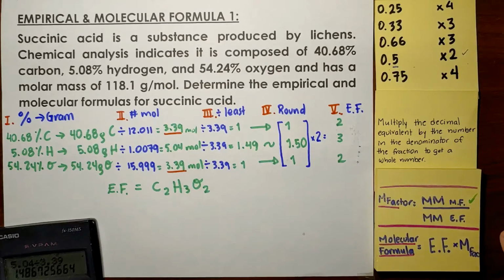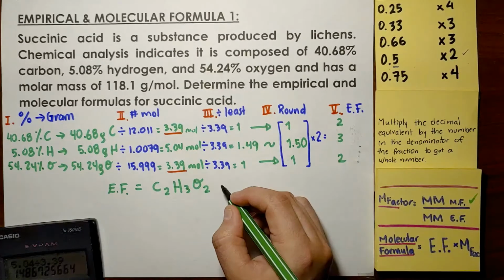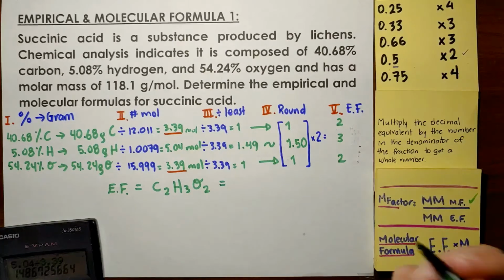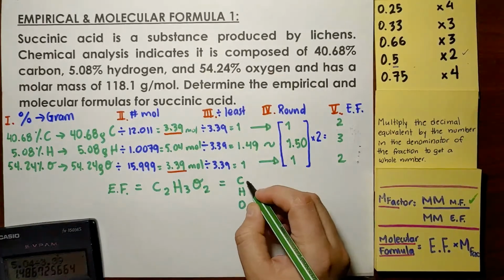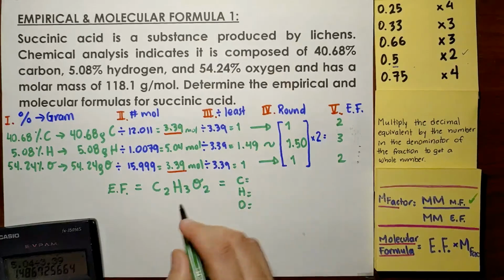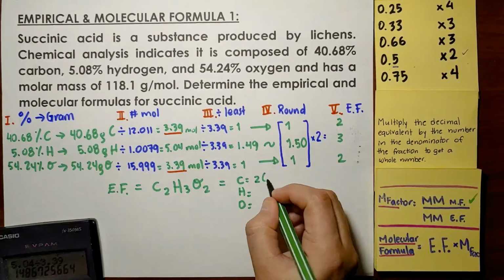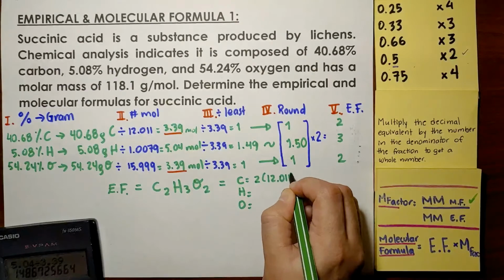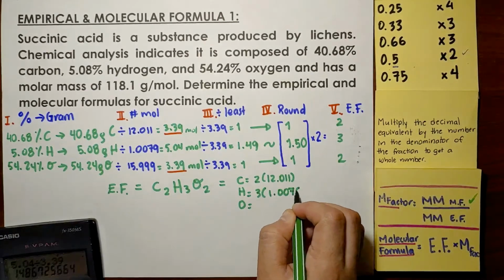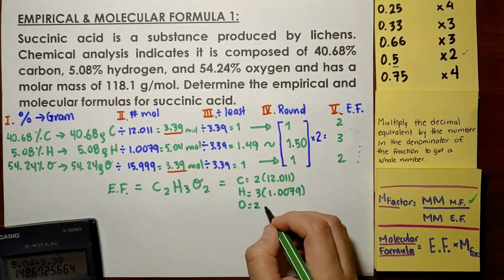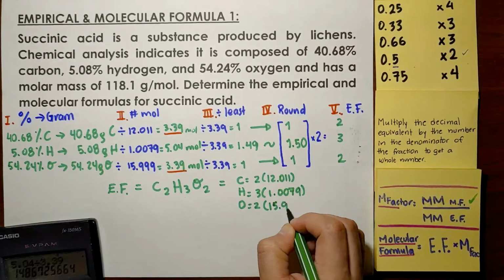So the molar mass will be carbon, hydrogen, oxygen: 2 times 12.011, 3 times 1.0079, and 2 times 15.999.